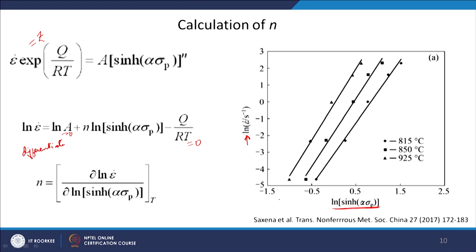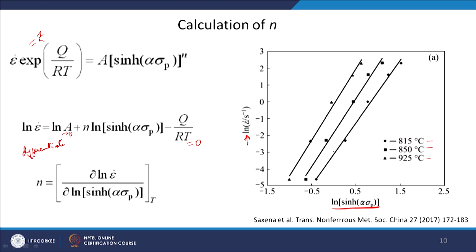And now you can see that we are again doing it at constant temperature for different strain rates, and these are now linear curves, obviously, and also parallel. That was the purpose of using alpha, to make these graphs parallel and linear.